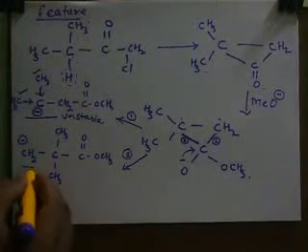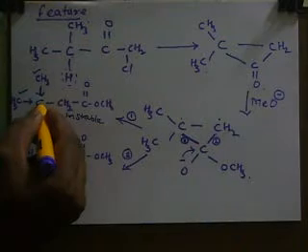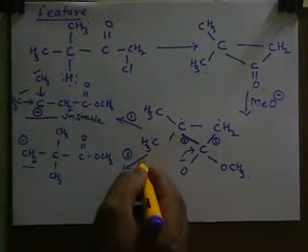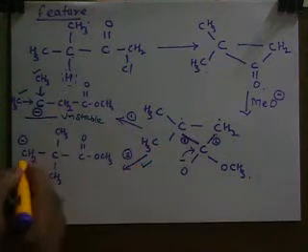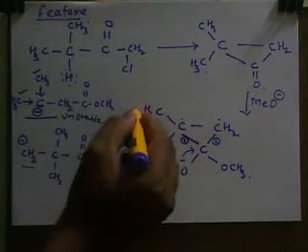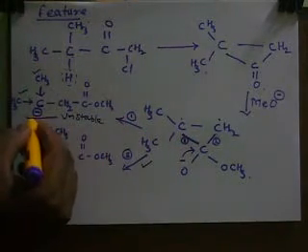So this primary carbanion will be more stable than this tertiary carbanion. So ring opening will take place by formation of a primary carbanion, not by the first choice in which tertiary carbanion is forming.